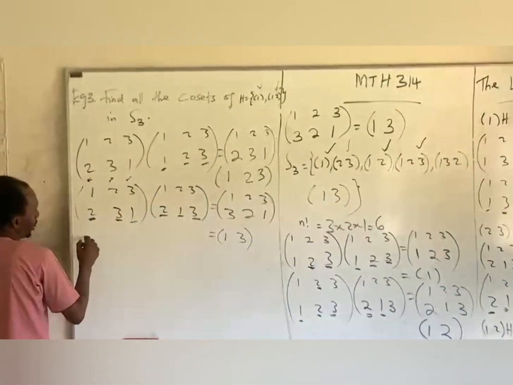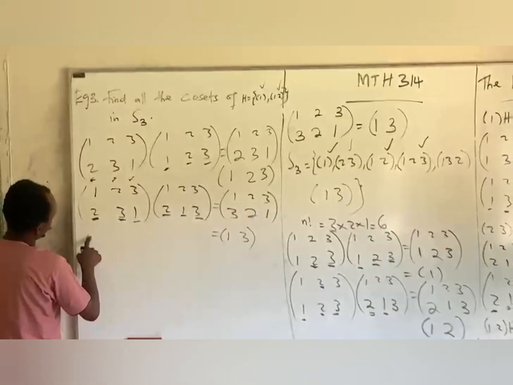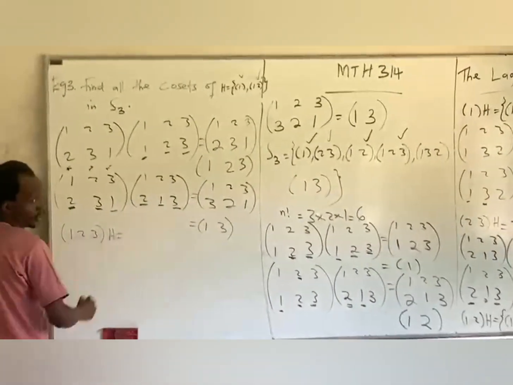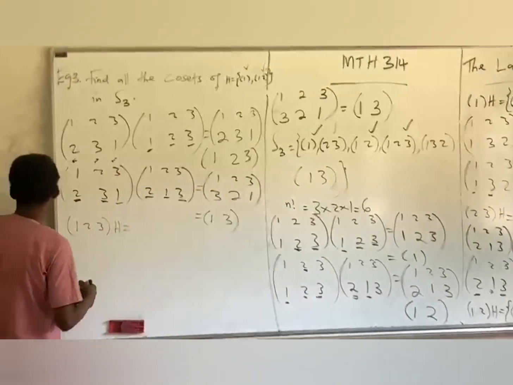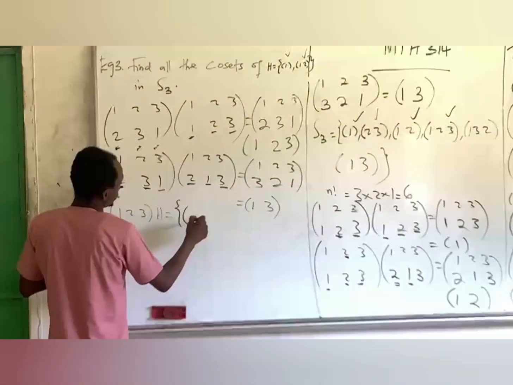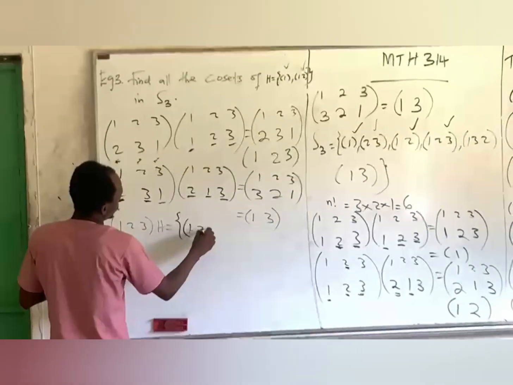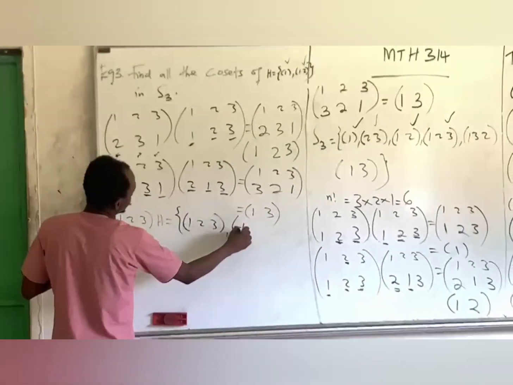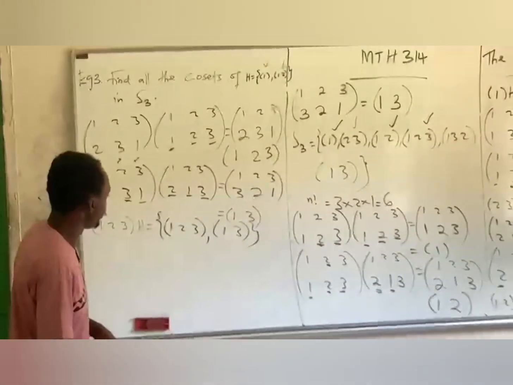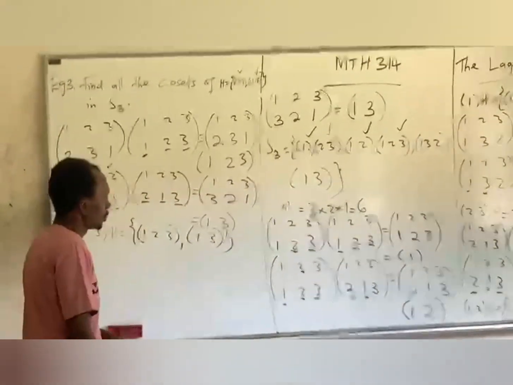So we have multiplied. What did we multiply? We multiplied 1, 2, 3 by h. Is that what we did? Yes. These two. So let's write out the result. What did we get for them? 1, 2, 3 and 1, 3. Has it repeated? Yes.